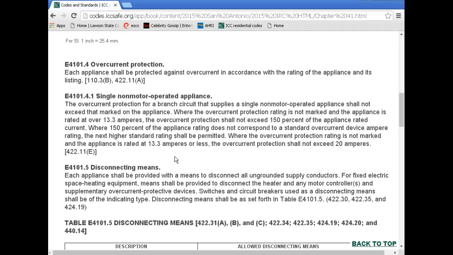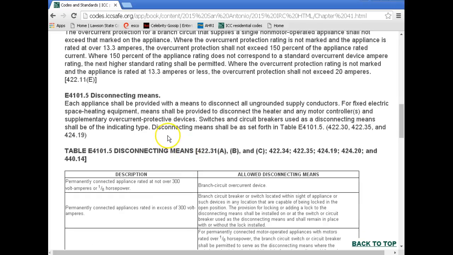All right, let's look at 4101.5, disconnecting means.